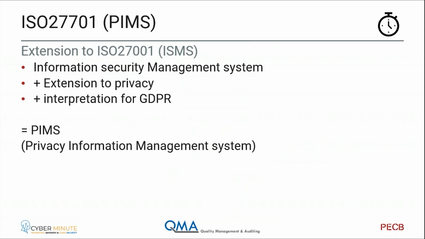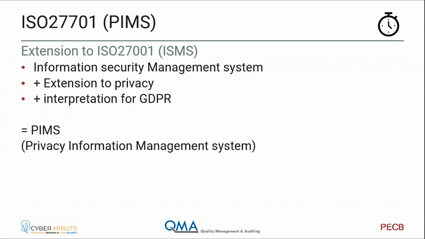Another important point for the introduction is that we're talking about ISO 27701 and ISO 27001. To avoid any confusion, as of now, I will start talking about PIMS, Privacy Information Management System, and ISMS, Information Security Management System. Please be aware that the PIMS is based on the ISMS, but it adds privacy, it adds data protection to make it work.